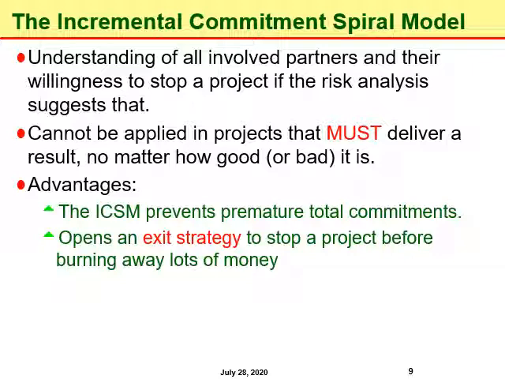Additionally, the ICSM opens an exit strategy to stop a project before burning away lots of money without the need for anyone to lose their face, which can be very beneficial in projects where organizational politics plays an important role.